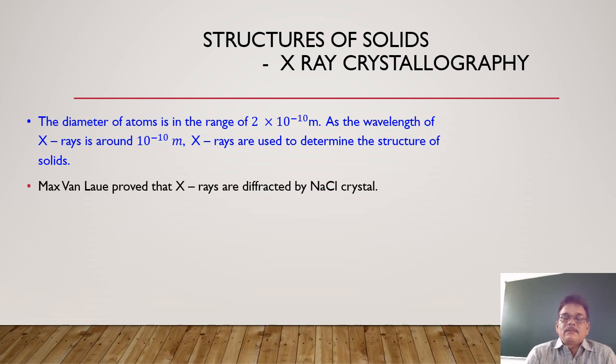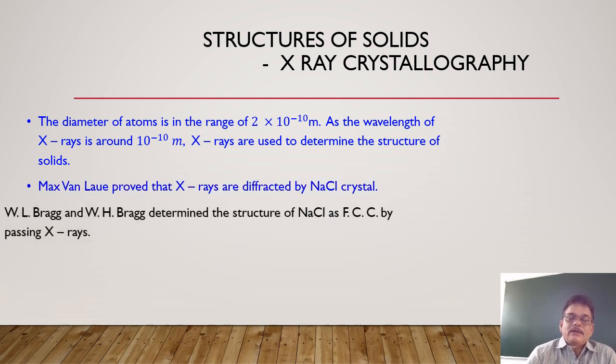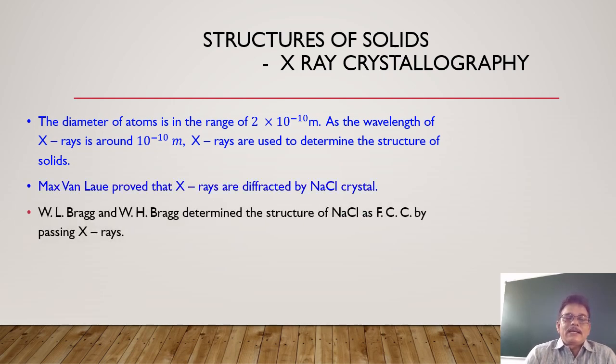First, Max von Laue proved that X-rays are diffracted by NaCl crystal. He observed that NaCl acts as a diffraction grating for the X-rays. Later, W.L. Bragg and W.H. Bragg determined the structure of NaCl, which is FCC, by passing X-rays.